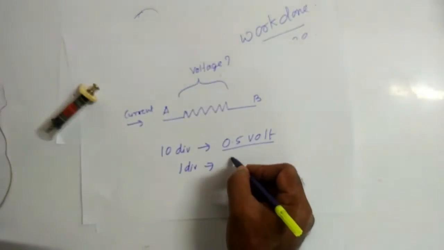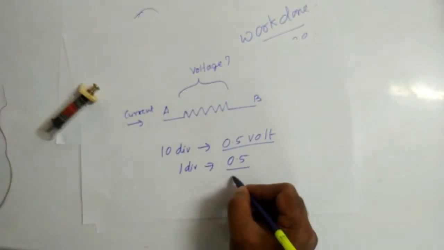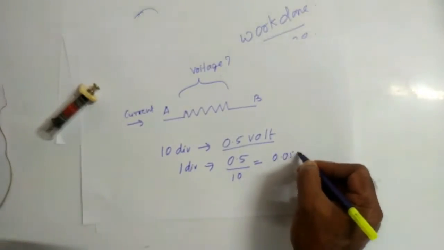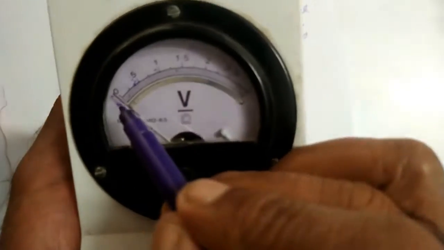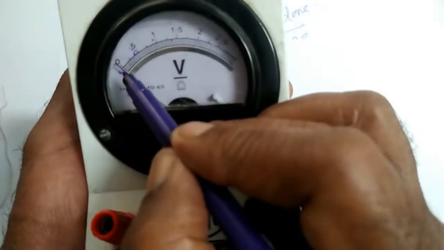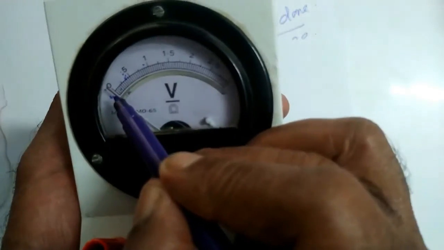Basic mathematics, 0.5 divided by 10, which will give you 0.05 volt, which means that the smallest part is 0.05.